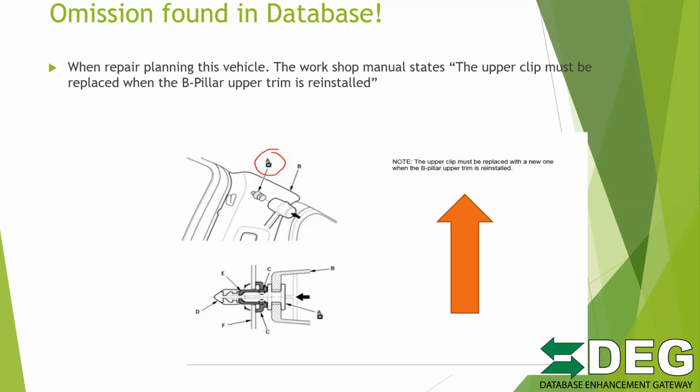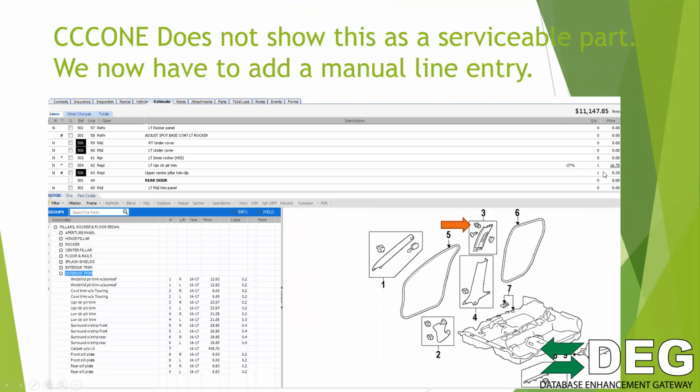So when we take that information from the OEM repair manual, we go to our estimating system, and we go to our upper B-pillar trim, and we can see that the schematic shows that the trim is serviced as a unit, and that there's some clips in the box diagram that cannot be selected separately. So we find that to be awkward, that this procedure states one thing, and then the information in the database states something else.